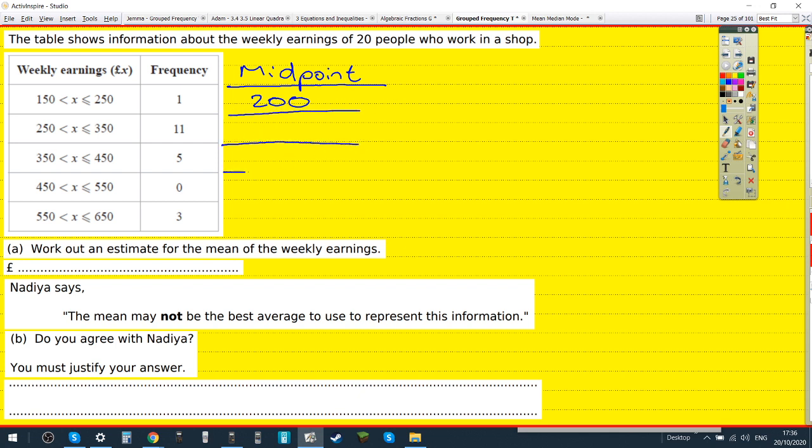Next one is 300, 400, 500, 600. And then find out the total. Total of what? Of the midpoint times frequency. Yep.